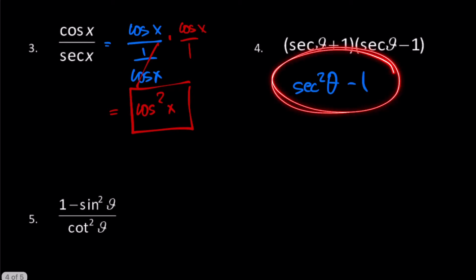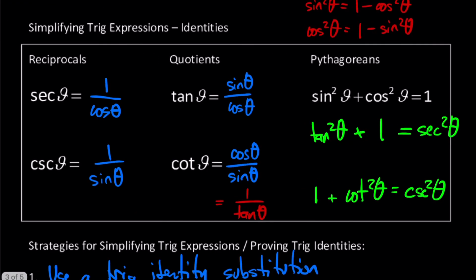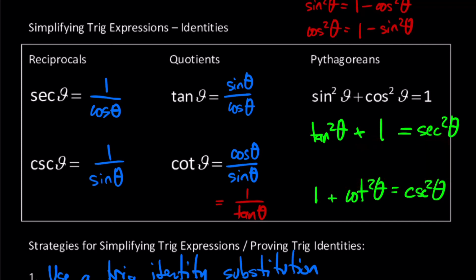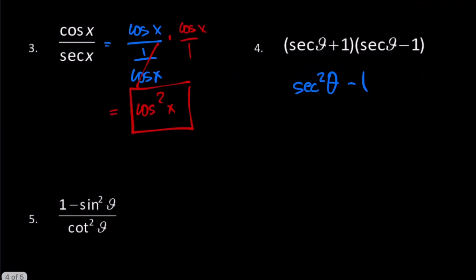Secant squared minus 1. Here's a secant squared, here's a 1. What would we get if I subtract 1 from both sides? Oh, that would give me tangent squared theta equals secant squared theta minus 1. So there's my secant squared minus 1. What does that equal? Tangent squared. So that just equals tangent squared theta.